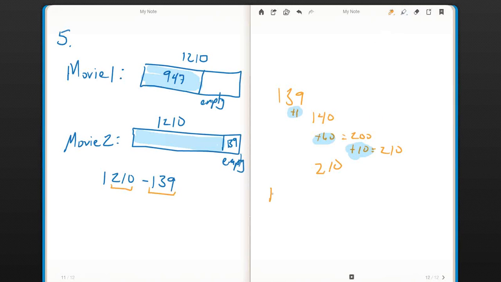Now, if I stacked those up and down and subtracted the old way, what I'll call the old way, and borrowed and continued on working it like that, I'd also get 71.